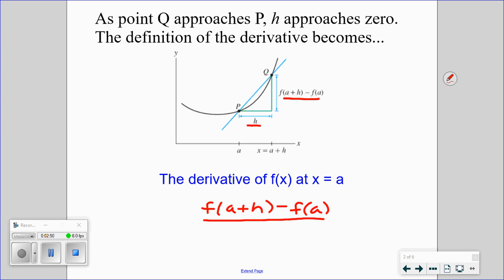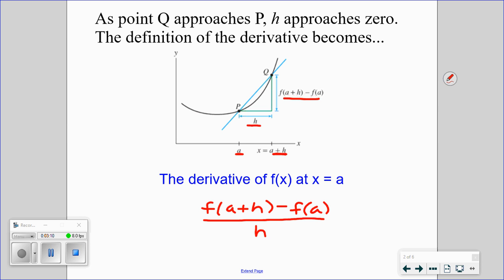Initially, you could think of that as a plus h minus a, but your a's are going to cancel, and so that always just ends up being h. So it's just a different way to represent that difference quotient, but the overall concept is still the same.